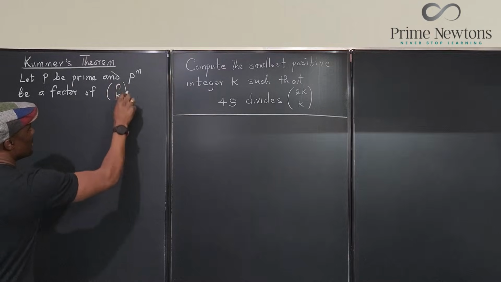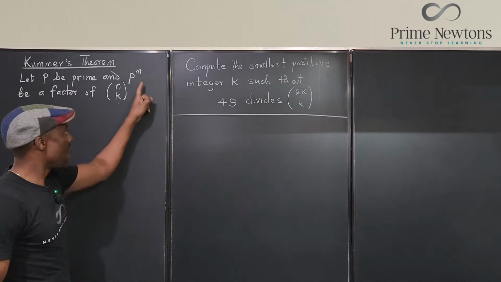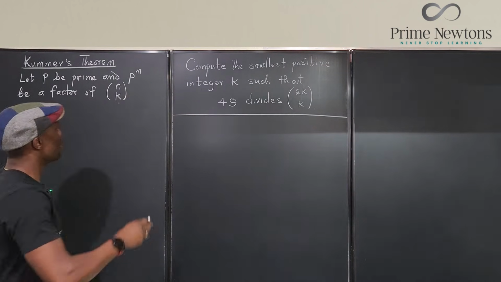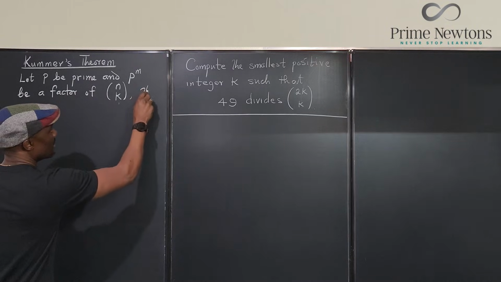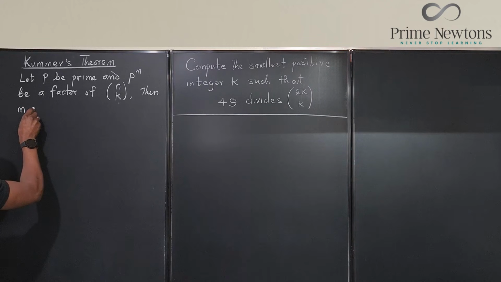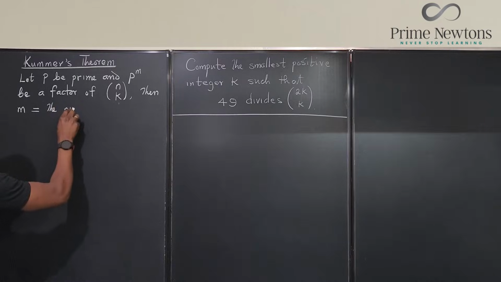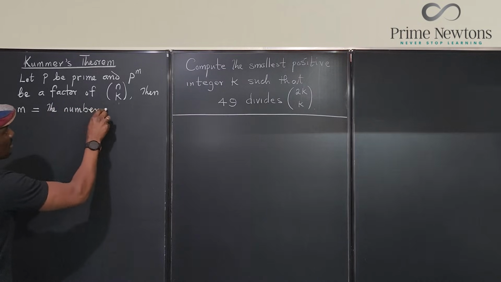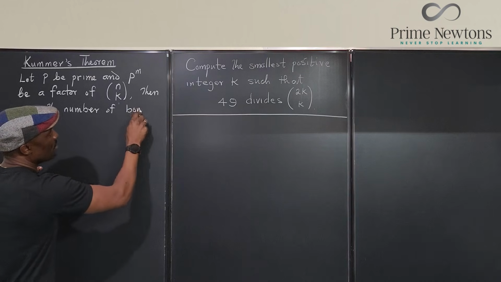So we're saying p to the m divides n choose k, where m is an integer. Now, we say m is equal to the number of borrows. Let's do borrows first.